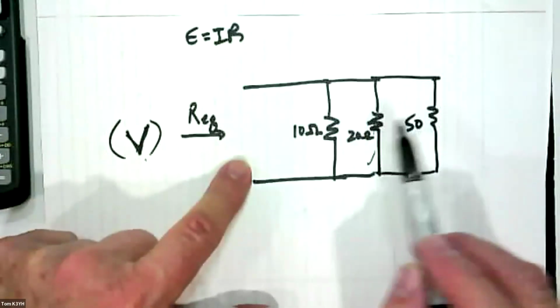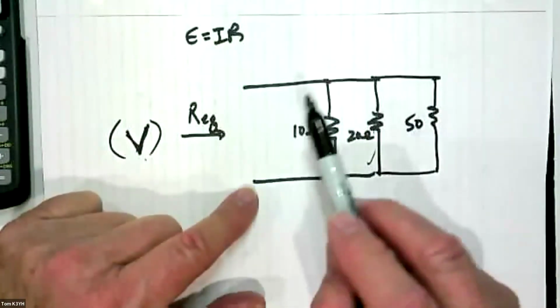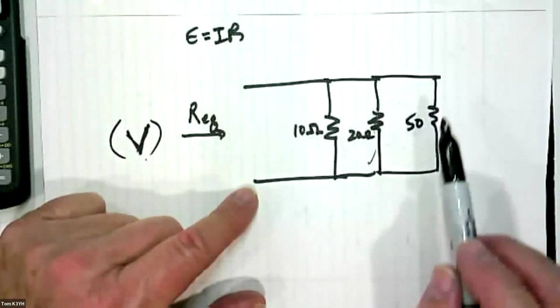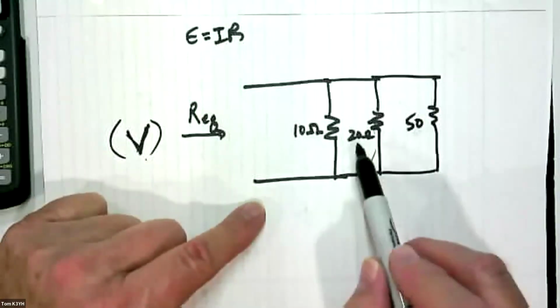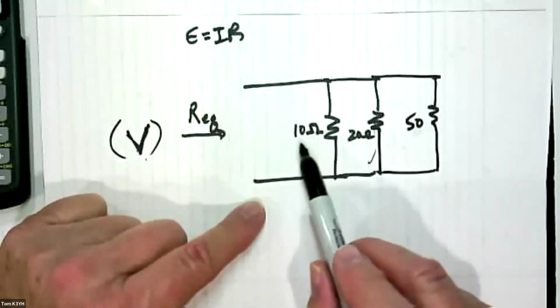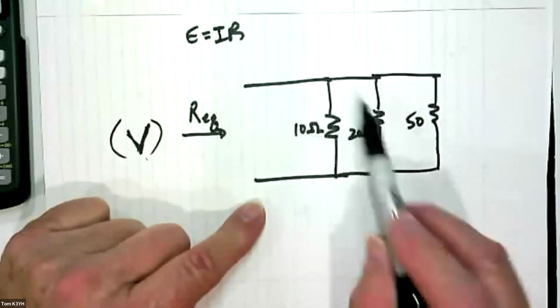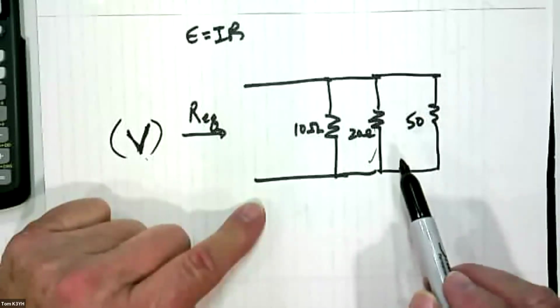So as I add more resistors in parallel, I get more current or more conductance, and so the overall equivalent resistance is going to be less than any of these. So I already know the answer is going to be less than 10 ohms because of the effect of these 2 out here pulling more current.